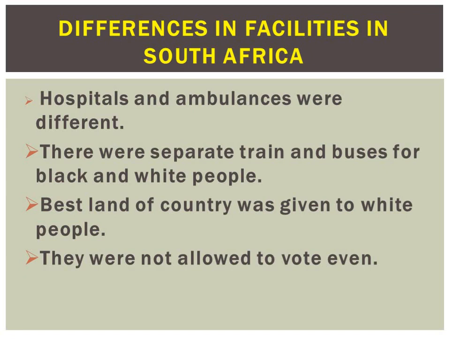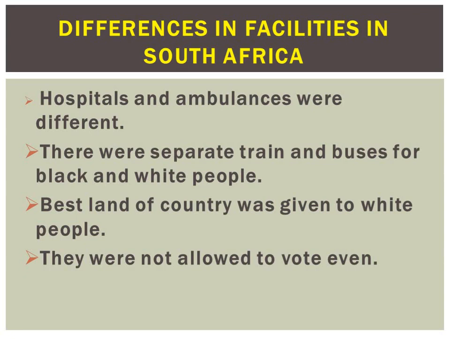Differences in facilities in South Africa. There were differences in the facilities between black and white people. The black people of South Africa were not getting all the facilities the whites were getting. Hospitals and ambulances were different for them.